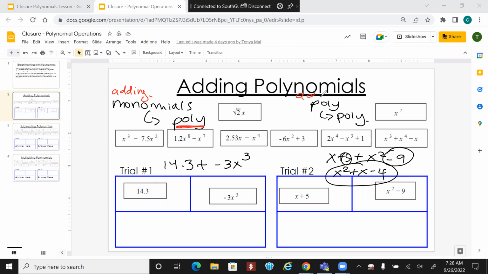If you add polynomials, you get a polynomial. These are things that you kind of already know, but you just don't have a name to call them. We're going to do the same thing on the next one.